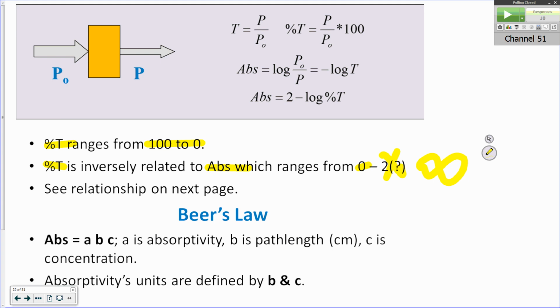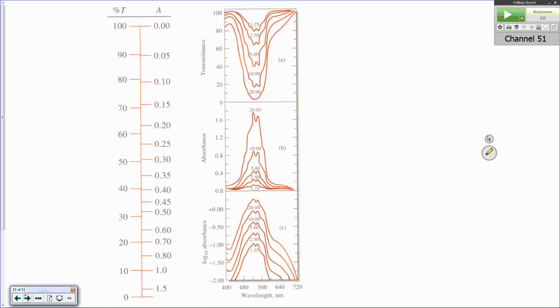And if we look at the relationship that's shown on the graph on this next page, here's the absorbance and the percent T scale that we have. Once we get down to something below 5%, this number really starts to get large down here on this side. But you had something like this on your graph that had a spectra that looked somewhat similar to this.